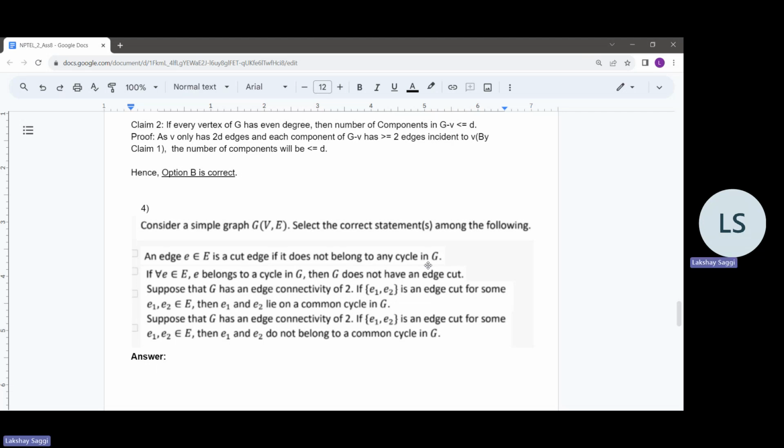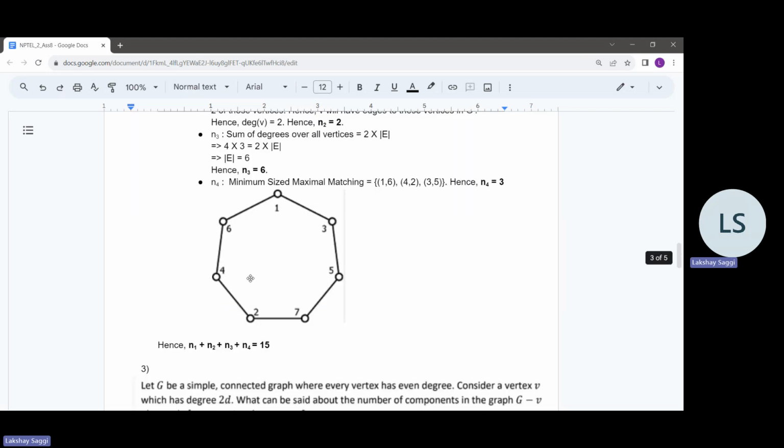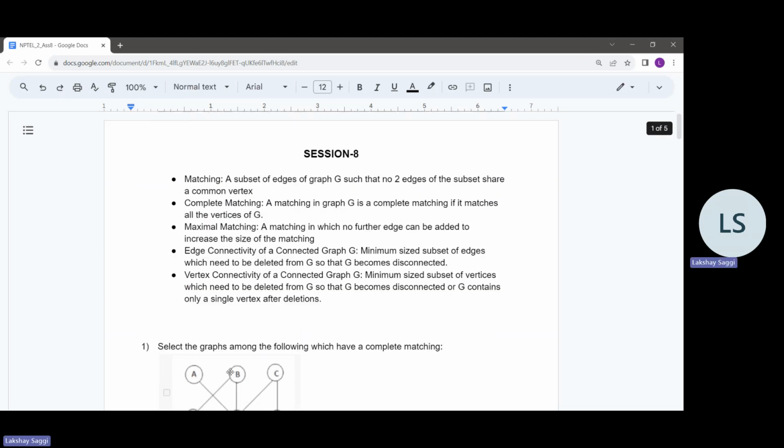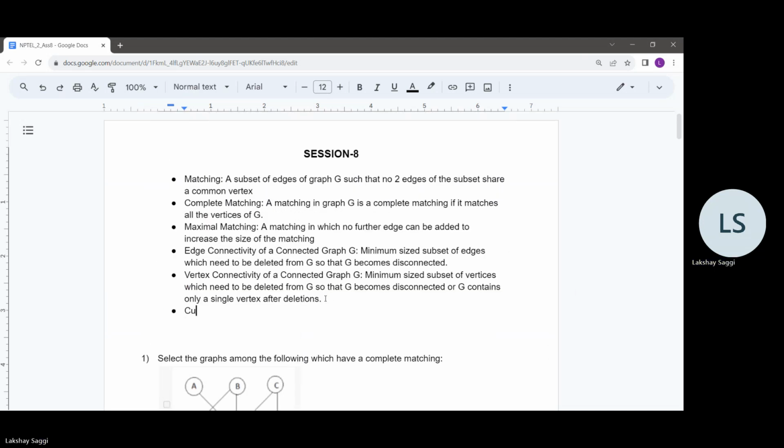So note that, what's an edge cut and what's a cut edge? Maybe I should write down these definitions also. So what's a cut edge? These notions of cut edges and vertex connectivity are defined for connected graphs.